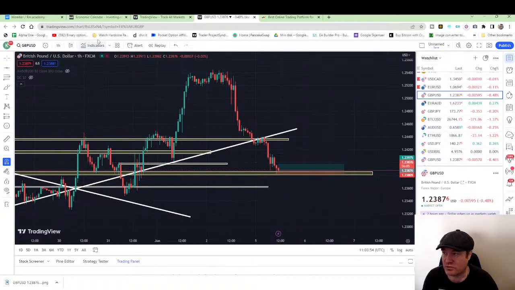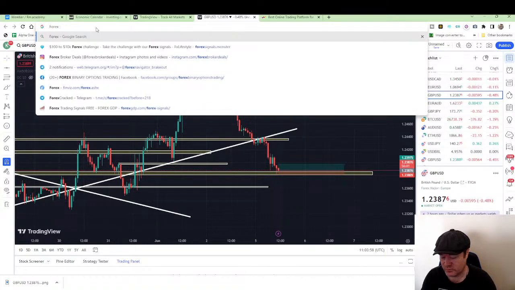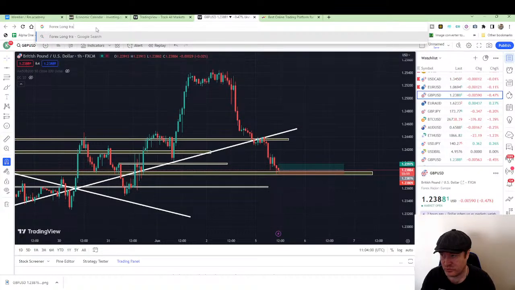I think that is a trade we can take. So Forex long trade for GBP USD at.